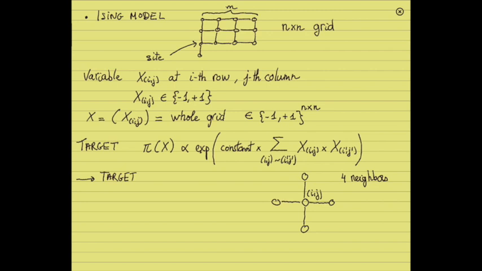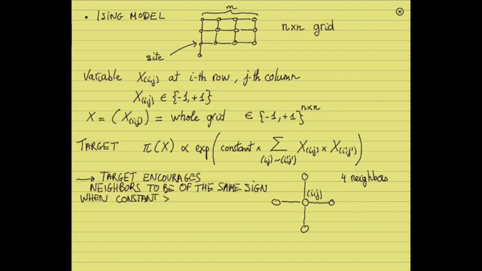So what this target means is that it prefers grids where nearby sites have the same spin, to the same value, either -1 or +1. So it encourages grids where nearby sites, or pixels if you like, are of the same sign or the same color, if you like to think of it in terms of images.